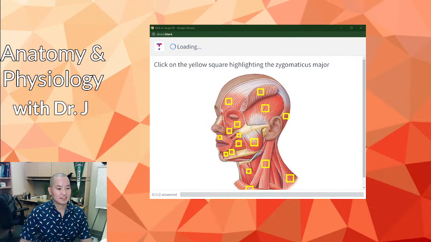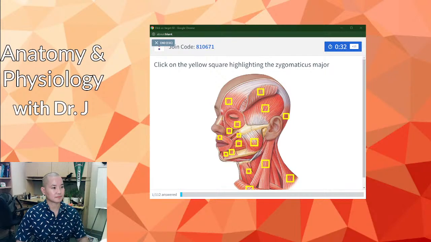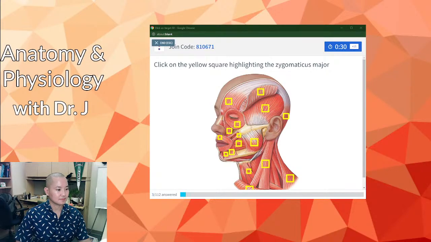Okay, and can you identify the Zygomaticus Major? All you do is click on the yellow, put your little marker in the yellow box that's on the Zygomaticus Major.